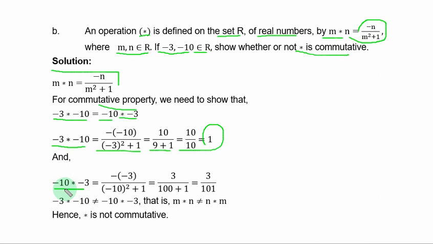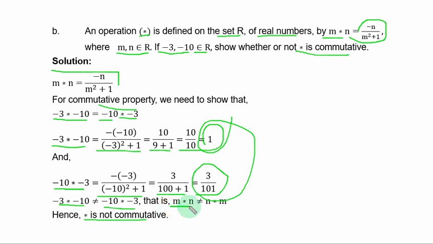If you replace m and n in the same operation, you have it in this form. That is 3 over 100 plus 1. That is 3 over 101. Clearly, both results are not the same. It shows that the operation is not commutative because this is not equal to this. That is, m star n is not equal to n star m.